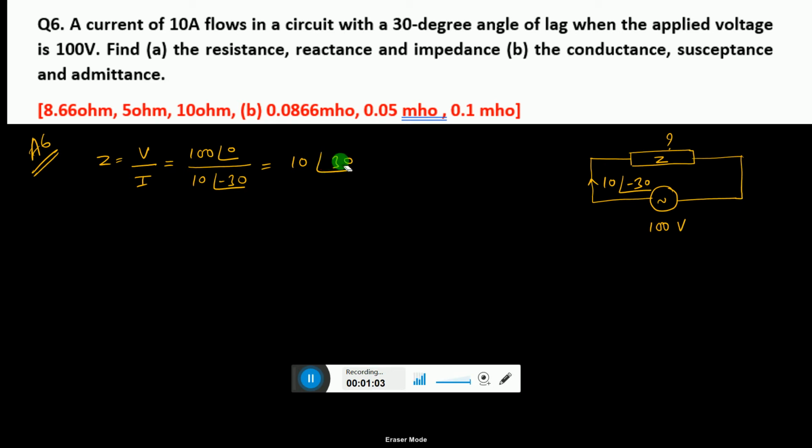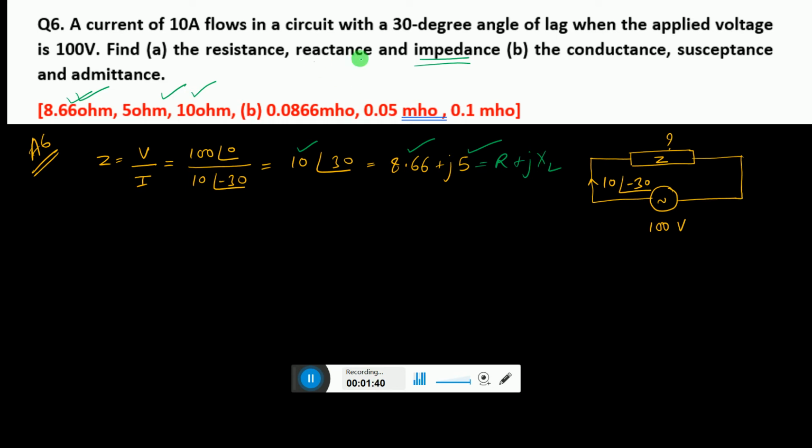This will be 30. So we can write this as, so we get the value of Z, that is the impedance, 8.66, that is the resistance, and 5 is the reactance, because this is nothing but R plus JXL.